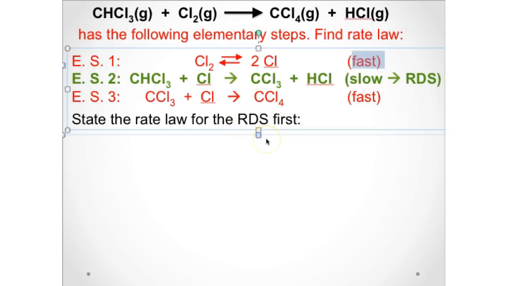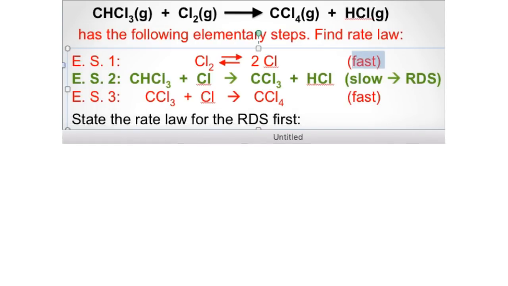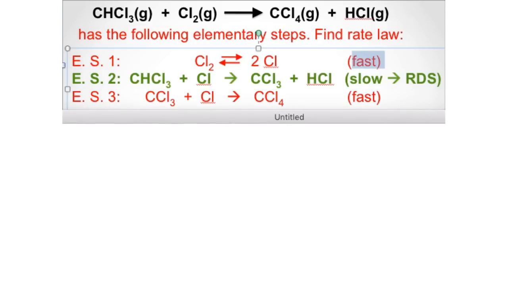State the rate law. So we learned already that the rate law is based off the rate determining step. So it's going to be equal to K. Let me rewrite that. That was kind of messy.